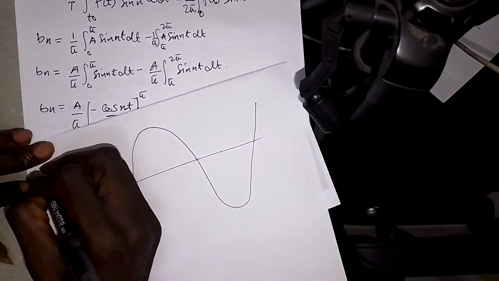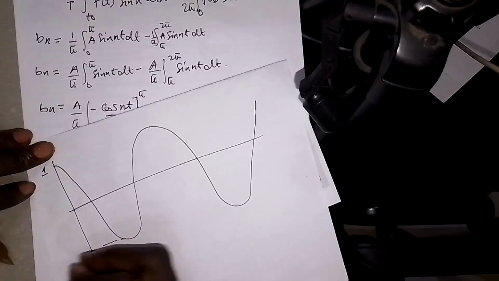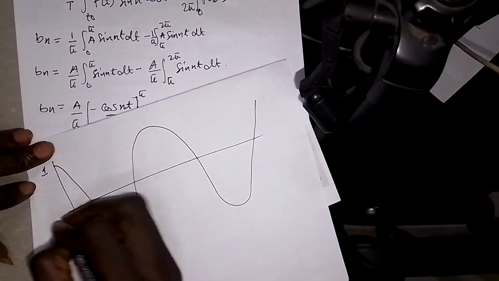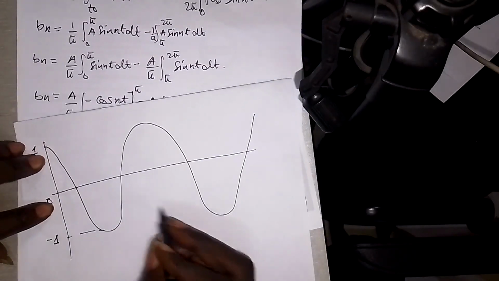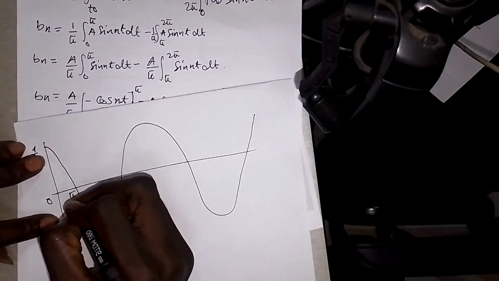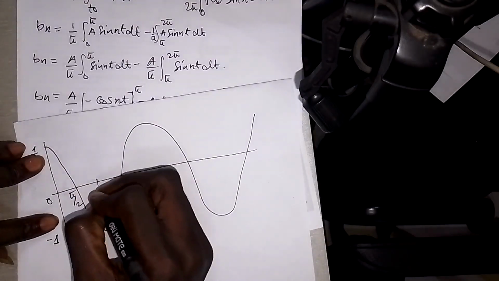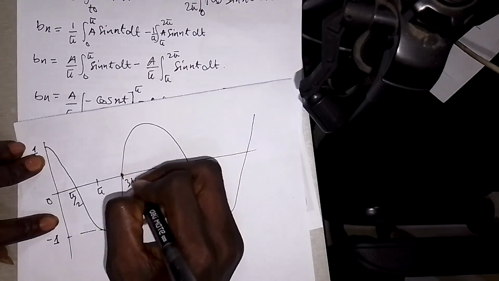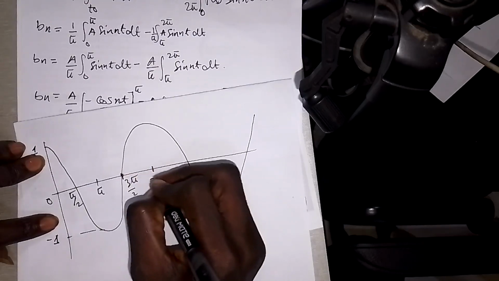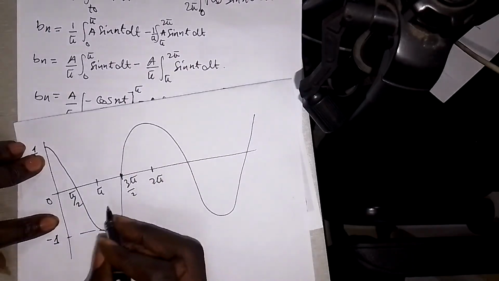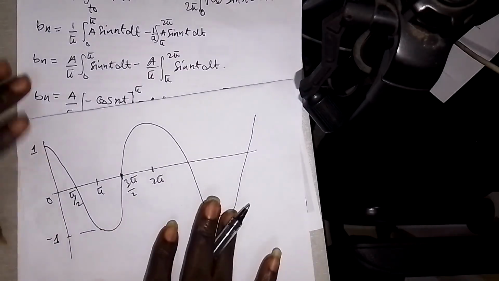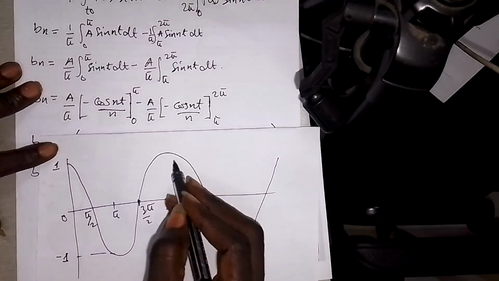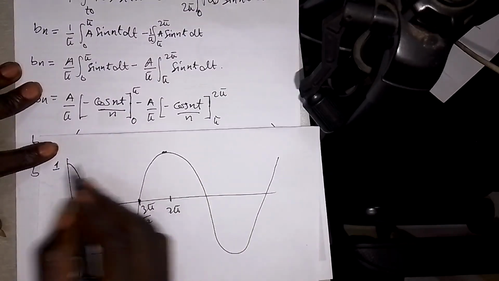Here is 1, here is minus 1, here is 0. This place is pi on 2, this is pi, this is 3 pi on 2, this is 2 pi. So you see that the value for 2 pi is 1.